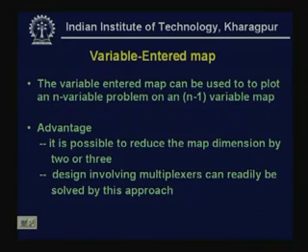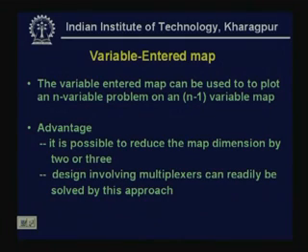Now today we read another thing that is called the variable entered map. So far we have discussed the normal K map, and how we can reduce the extra implicant, or the Quine-McCluskey method. Now today we read the variable entered map.